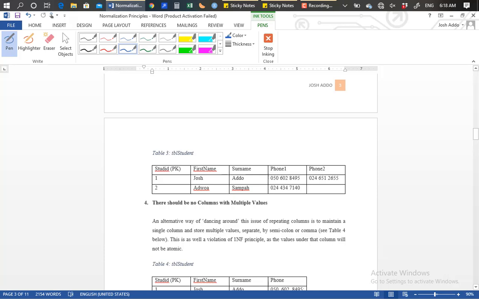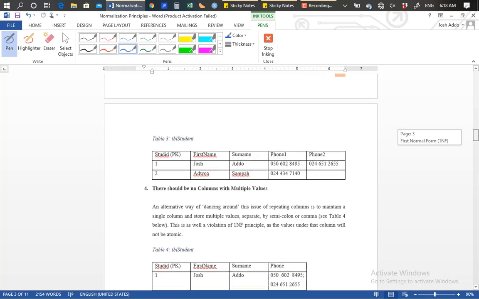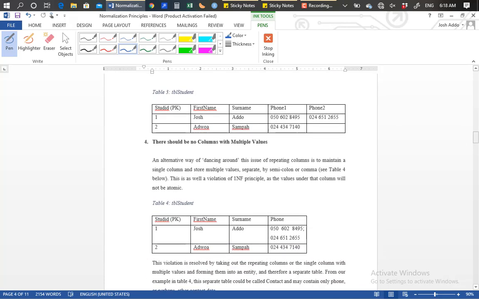So we have phone 1, phone 2. How do we resolve it so that we get more finer into normalization? The way to do that, because the simple thing is that you don't have to repeat the column. So one of the columns should go. If one of the columns goes, how do we get that information? Another way I'll talk about that in another principle.